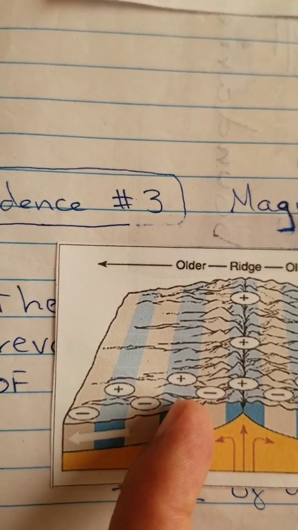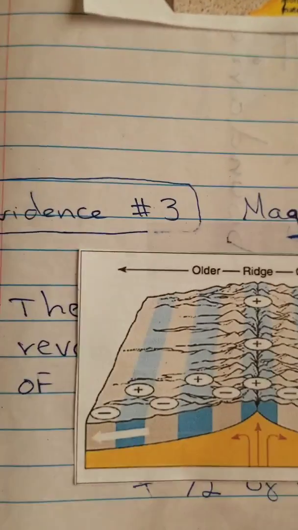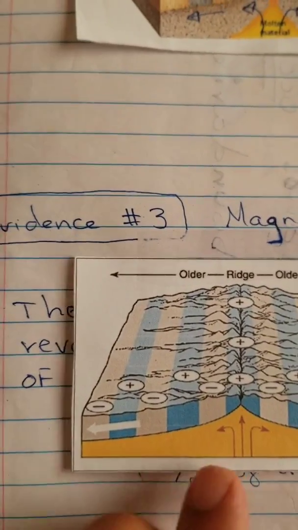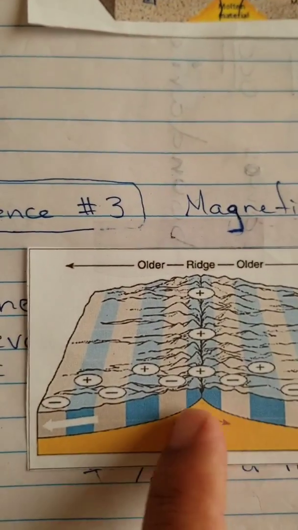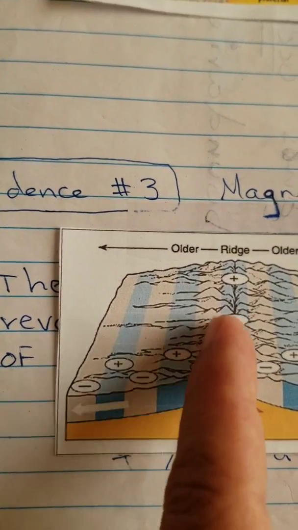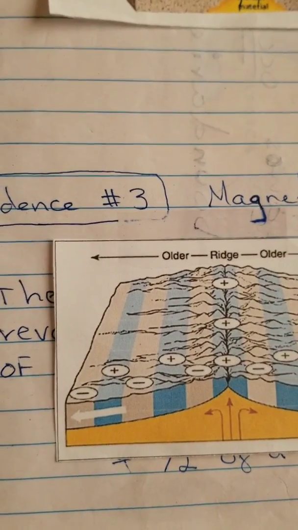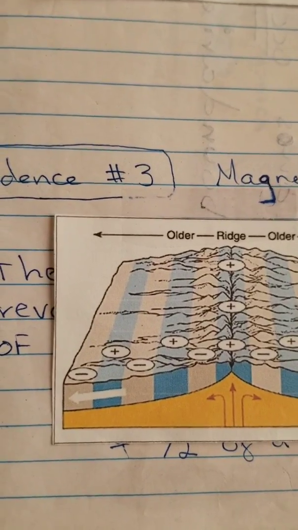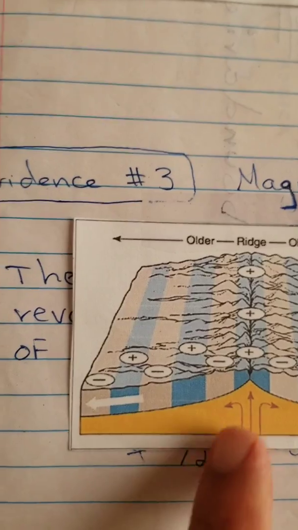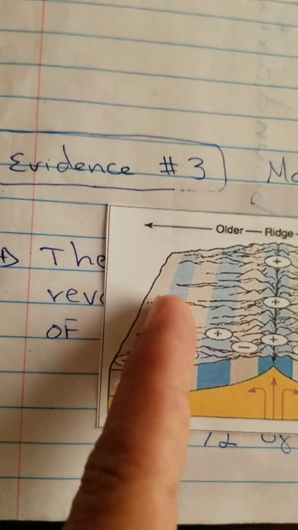That is so weird. And by looking at the rate that the plates are separating, which is about 2 inches per year, that's how fast they're moving away from each other, they calculate the distance where the area has changed polarity, and then they multiply that times the 2 inches per year that they are moving, so they can calculate how much time it takes for the planet to switch polarity.